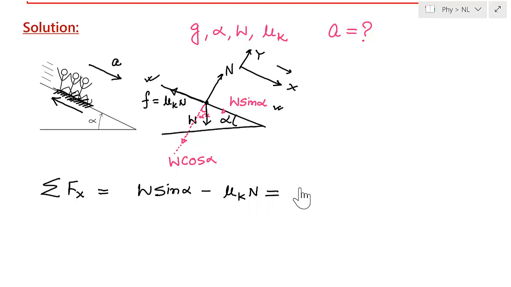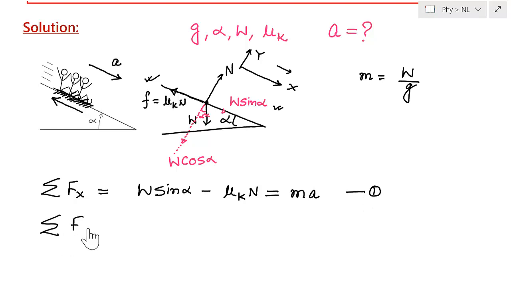So we can equate this to mass times acceleration. So the mass of the toboggan is m, and that can be calculated from the weight. Since weight is given, mass is equal to weight divided by g. So this is equation 1 from the x direction.